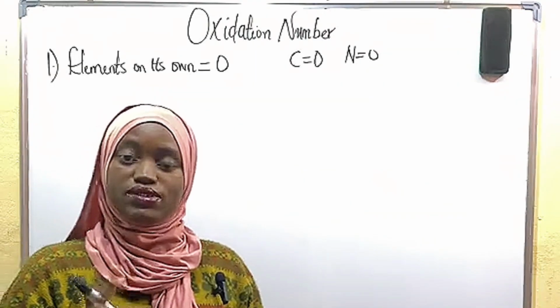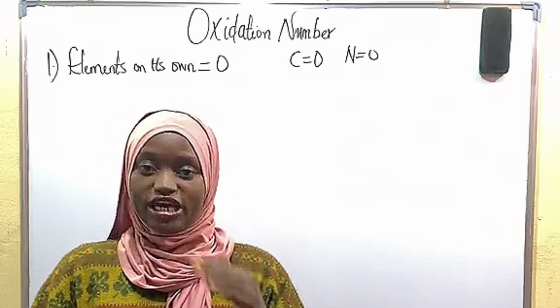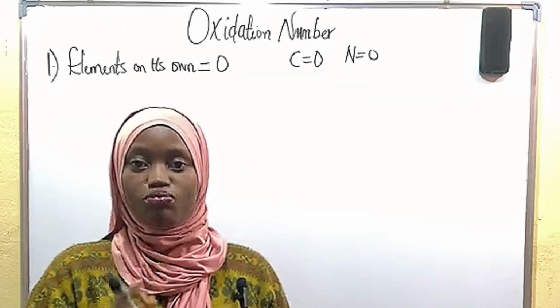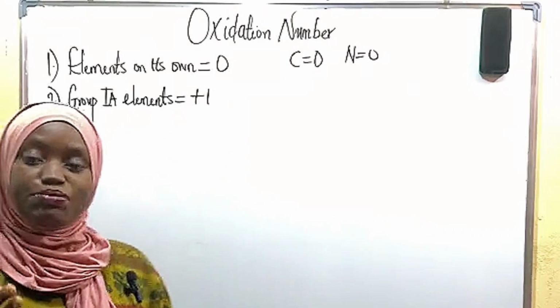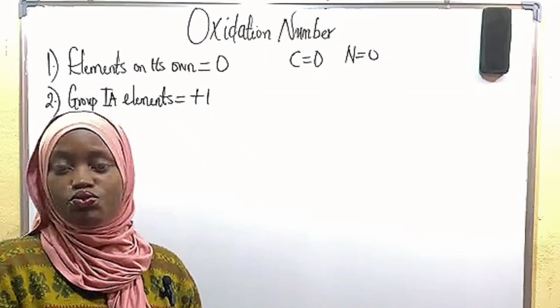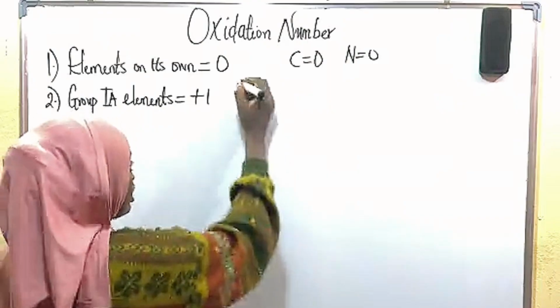Rule number 2 states that in the periodic table, all the elements that fall in group 1A have oxidation number of +1. Examples of elements we have in group 1A are lithium, sodium, and potassium.